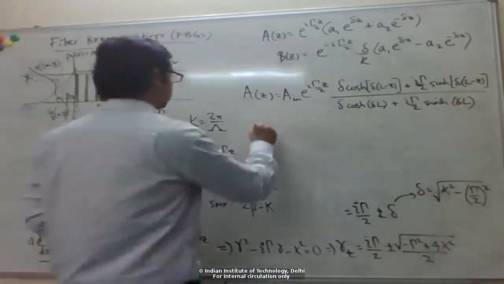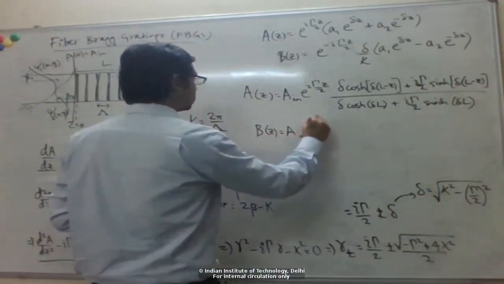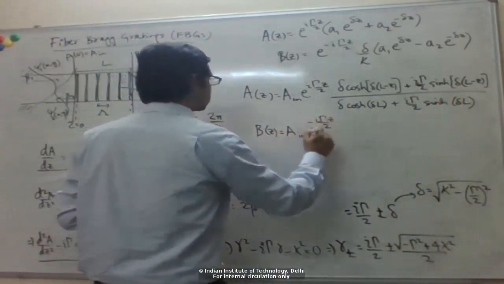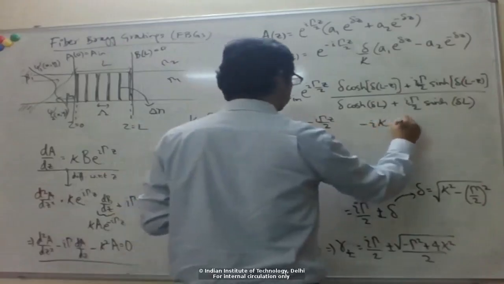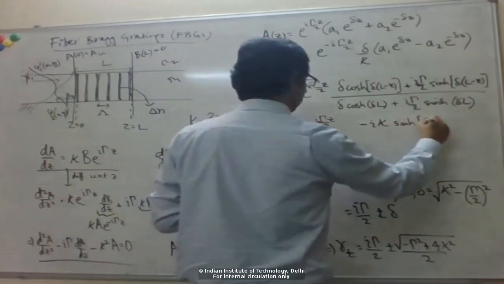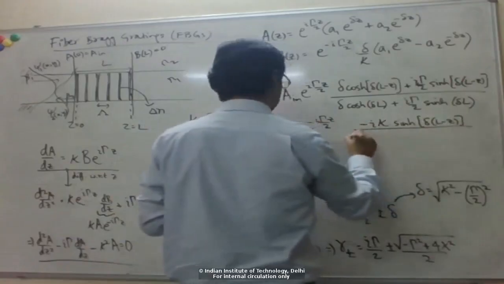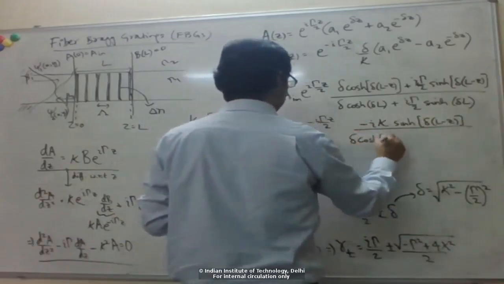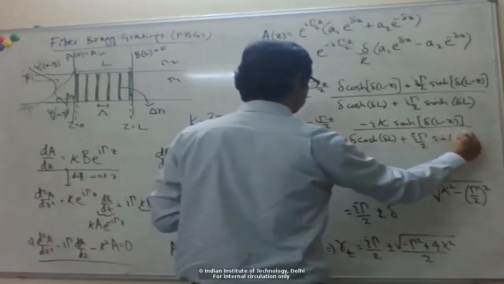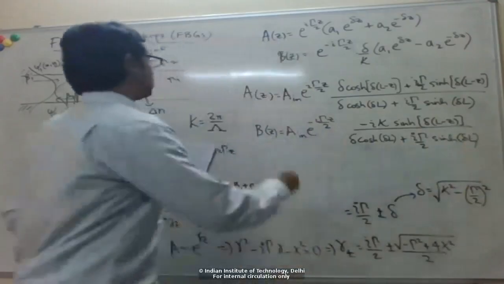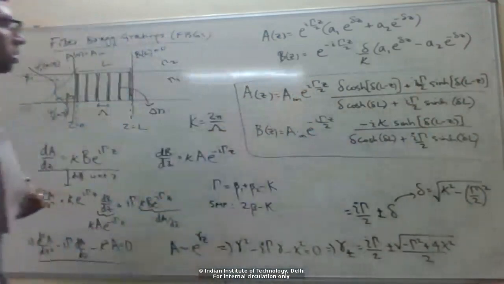So that's for A. Okay, so we finally end up with these expressions for the forward and backward propagating amplitudes.